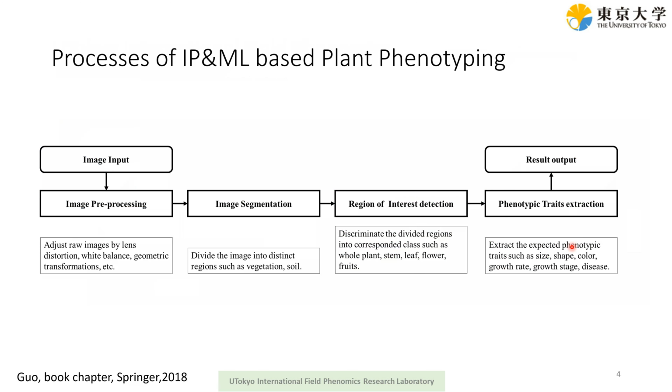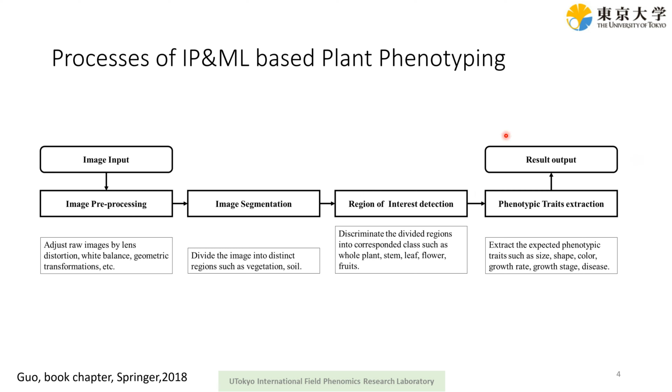So let's go directly to the process of image processing and machine learning based plant phenotyping. So what is it? Just like the previous machine learning related webinar, the whole process mainly includes three parts. The first part would be inputting the image, and the second part would be this big step, which is more related to image processing using different strategies.